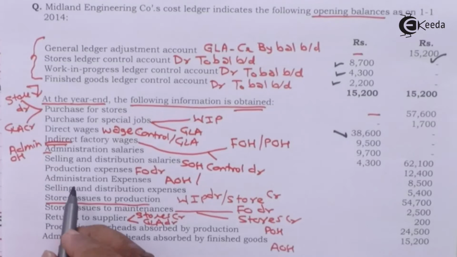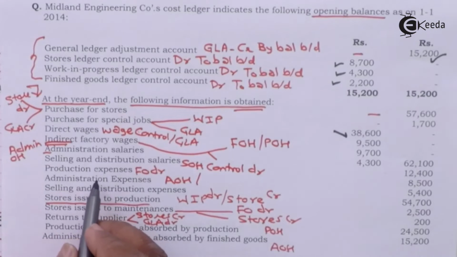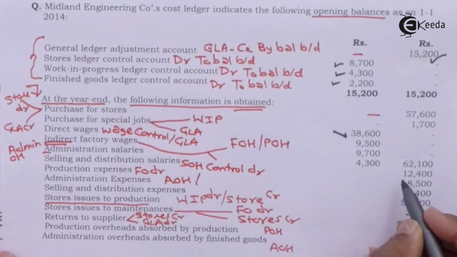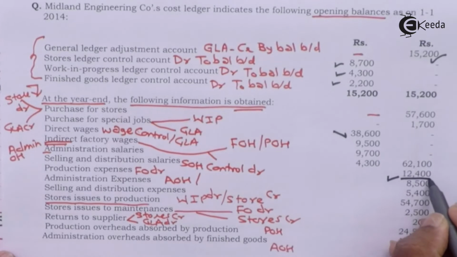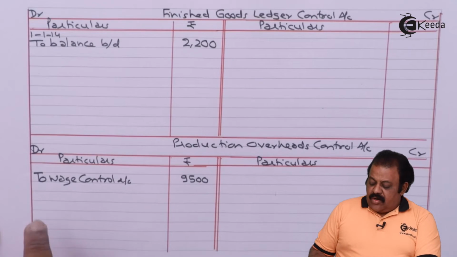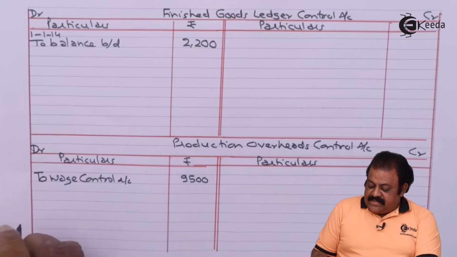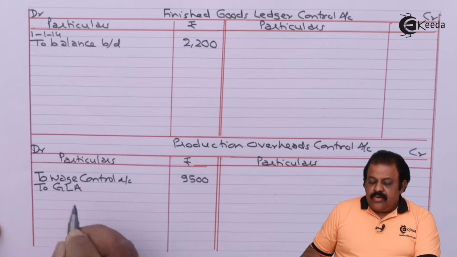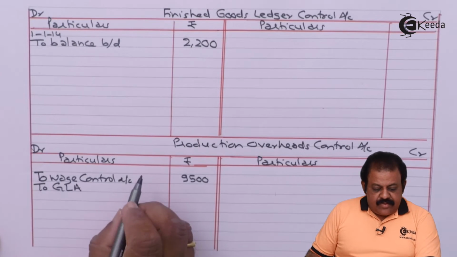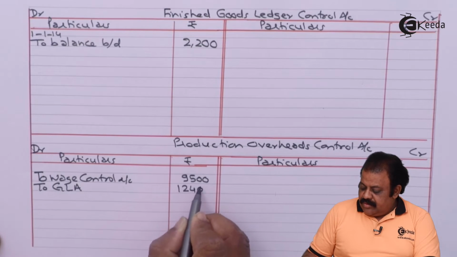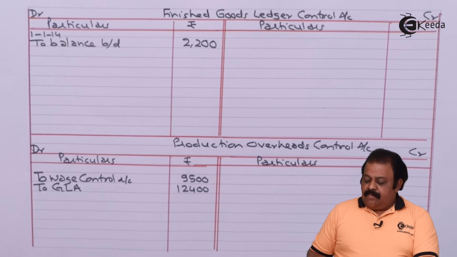4,300. Production expenses, that is factory overheads 62,100. Production expenses are given 12,400. In production overheads control account it will be recorded to the debit side to GLA 12,400.